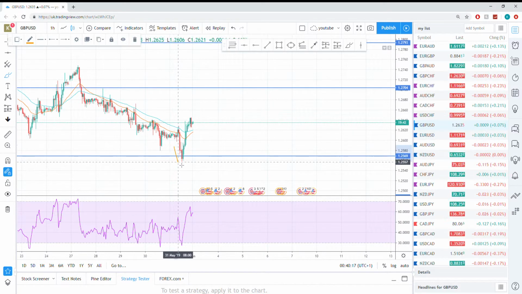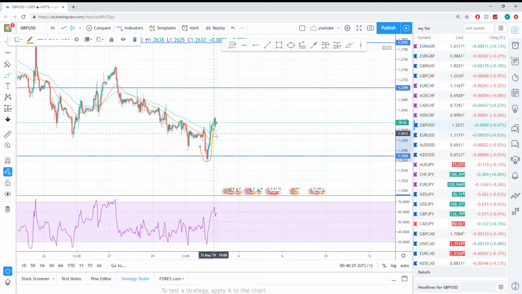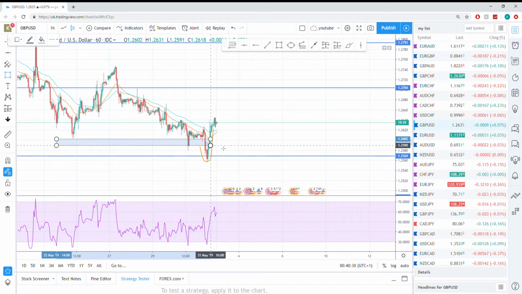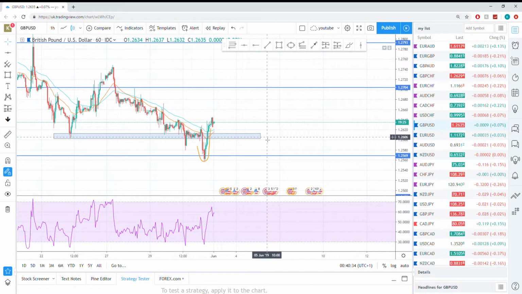I can see that we've made a strong transition from the sellers to the buyers. So what we could do is draw some key levels and more zones from this point onwards, as a potential retest zone for us to get into a potential long.